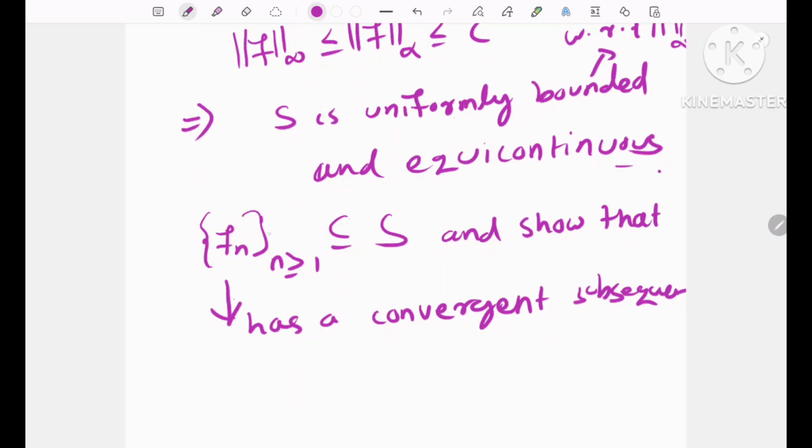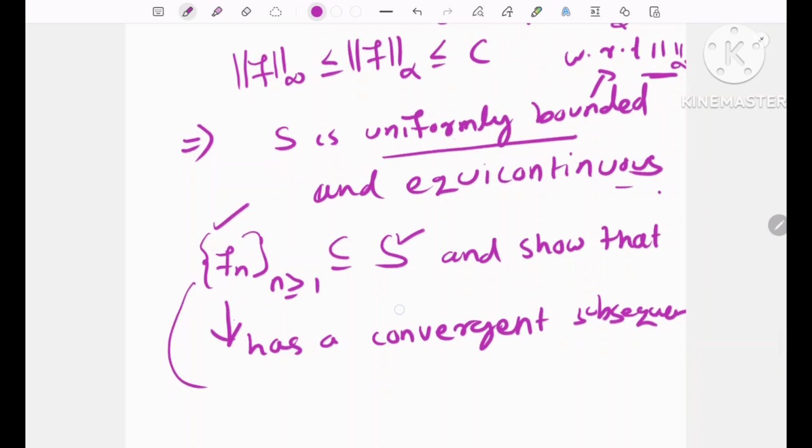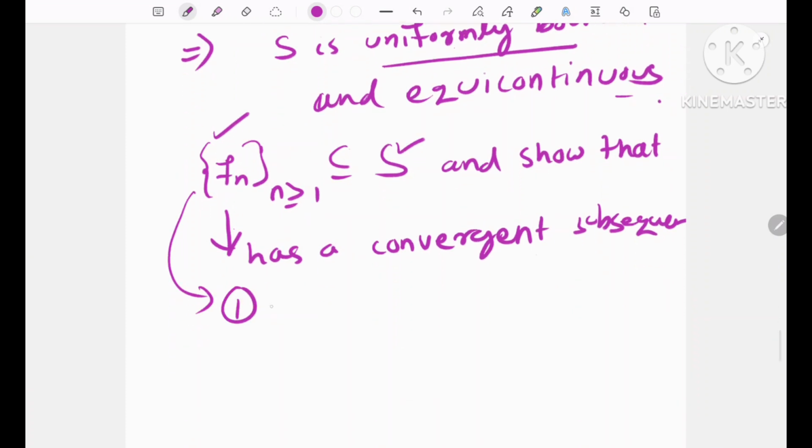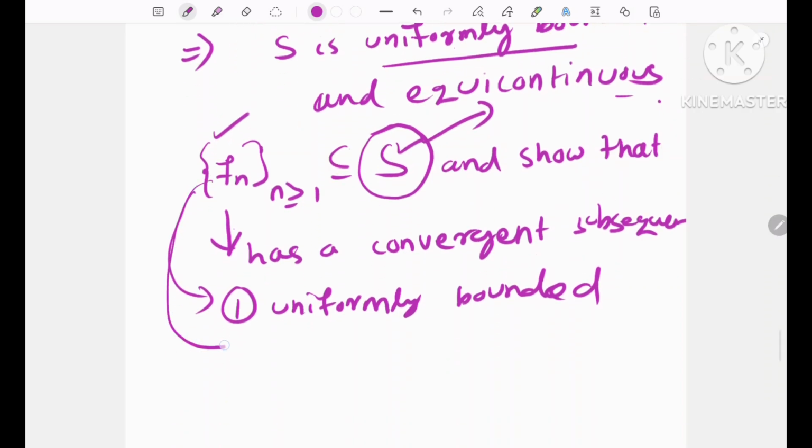It follows directly because these functions lie in S, and S is uniformly bounded with respect to the supremum norm, so this sequence is uniformly bounded. And all the functions in S are equicontinuous, as we have already proved. Therefore, all the functions in the sequence f_n are also equicontinuous.